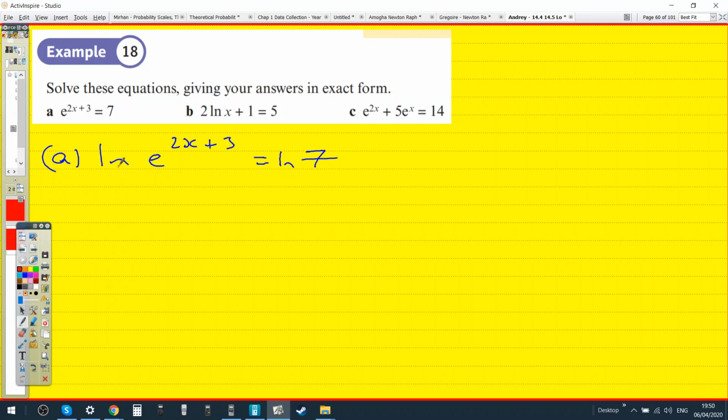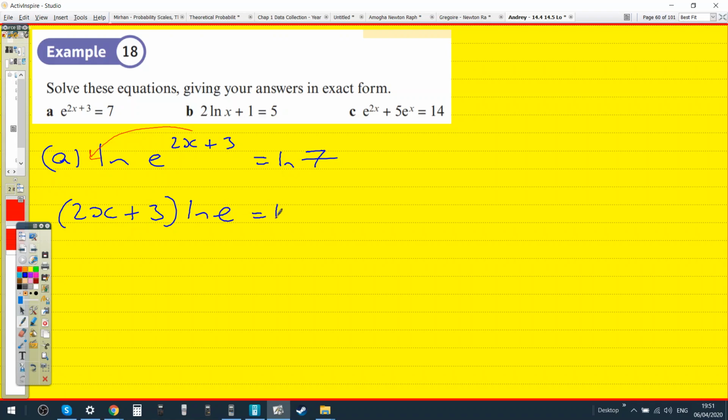I'm a bit confused, I think. Ln is just another name for a logarithm. So log rules. What do you do with the power? Will it be like ln e of 2x plus... Oh, no. So it'll be 2x plus 3 goes to the front. Yeah. Equals ln 7.